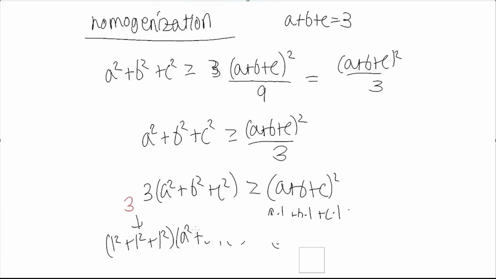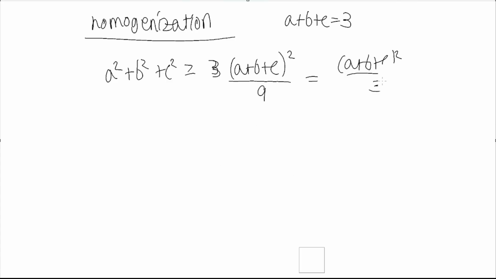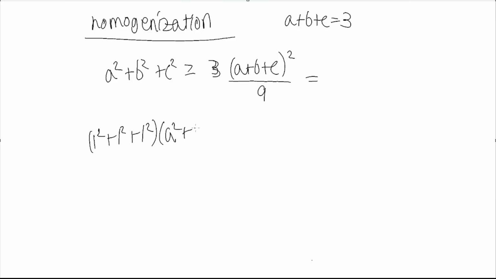Now we could have just phrased the argument as follows without even needing to homogenize the equation. We end up getting (1² + 1² + 1²)(a² + b² + c²) is greater than or equal to (a + b + c)² is equal to 9, and we are done.